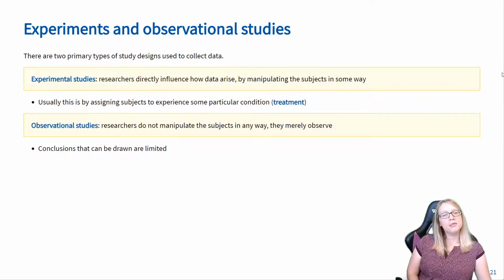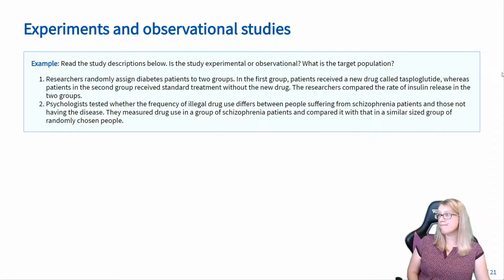The problem with an observational study is that we can draw very limited conclusions. Because we're not interacting with our subjects, we aren't really controlling or manipulating those external factors. So we can only observe so much.